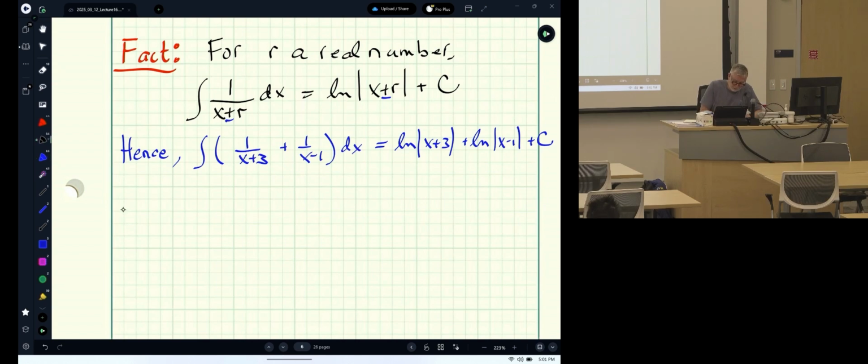But the interesting part is, however, if I give you the function like this.